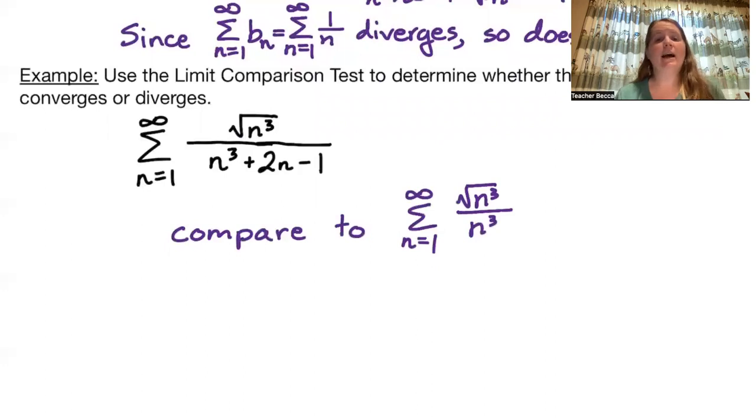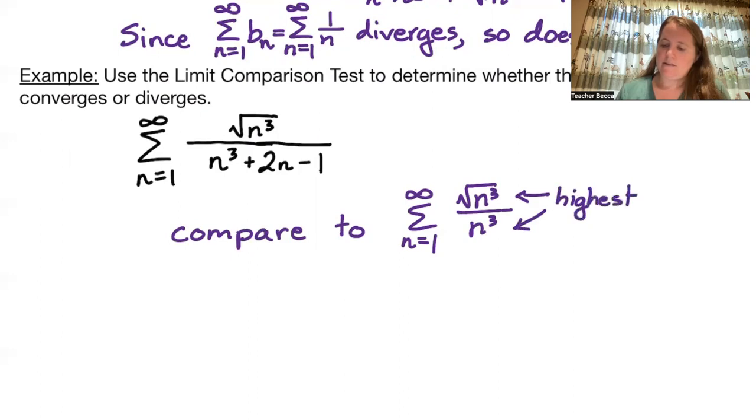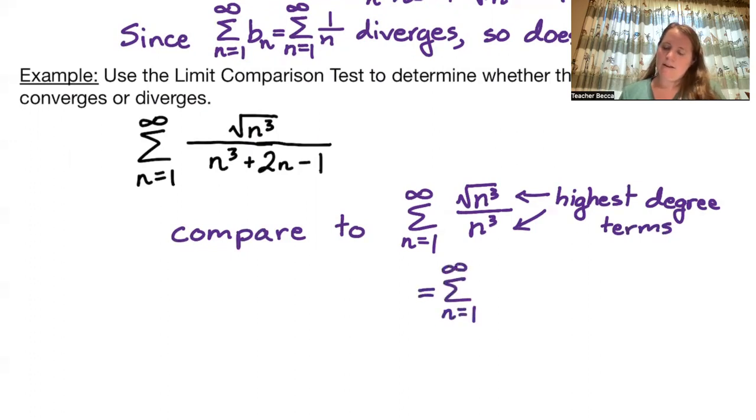Again, I'm just taking the highest degree terms. So using those highest degree terms, we can simplify this to the sum from n equals 1 to infinity of n to the 3/2 over n cubed. This would just be 1 over the square root of n cubed.